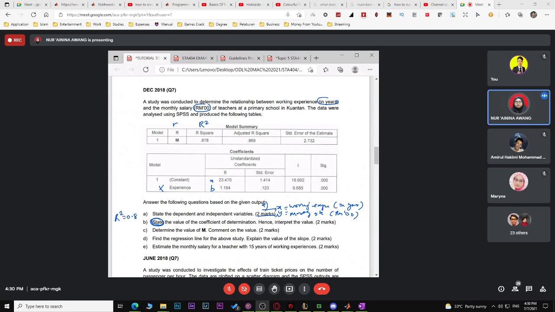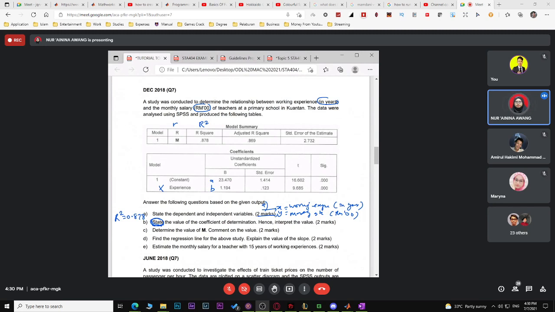Okay, no need to show the calculation since the question asks you to state. Okay, and then interpret the value sesama je, you just cakap 87.8% of the total variation in your Y monthly salary is explained by the variation in the X working experience, and then while dia punya balance tu 12.20% is explained by other variable. Okay, so this is how to answer for B.